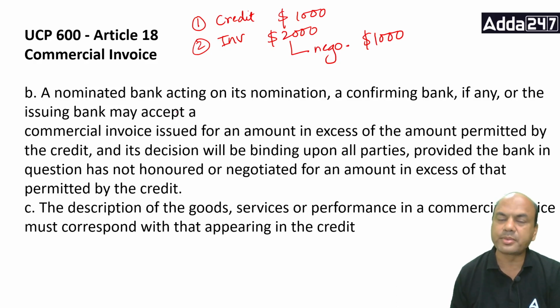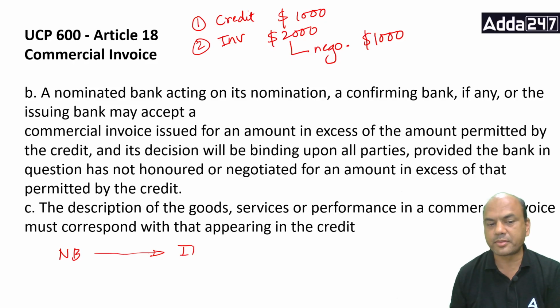This needs a bit of explanation. Suppose I am the nominated bank, or let's call it the negotiating bank. I have sent the documents to the issuing bank, and I have sent the dollar 2,000 invoice also, whereas as per the credit the amount is $1,000.